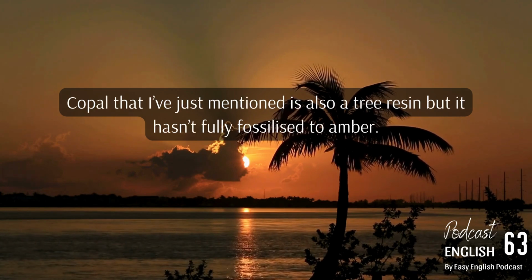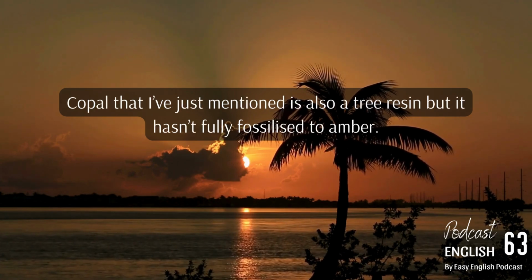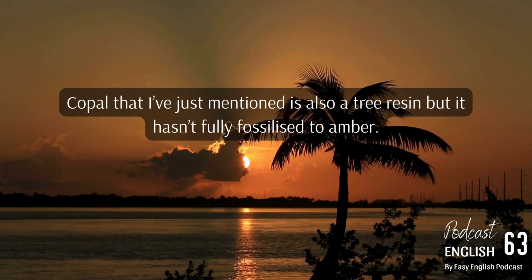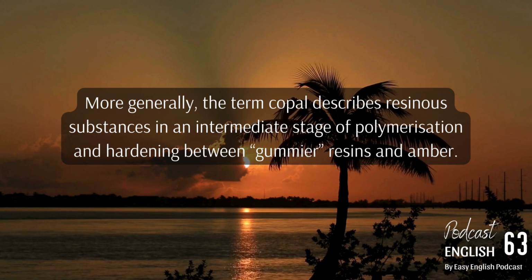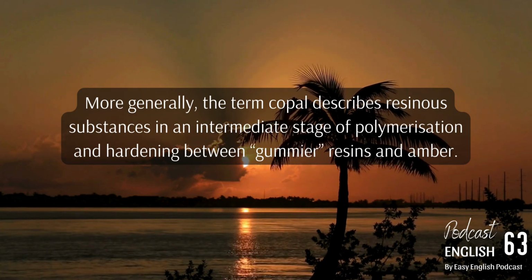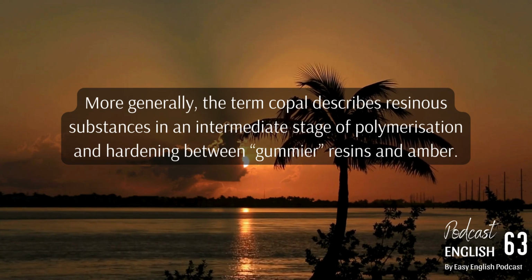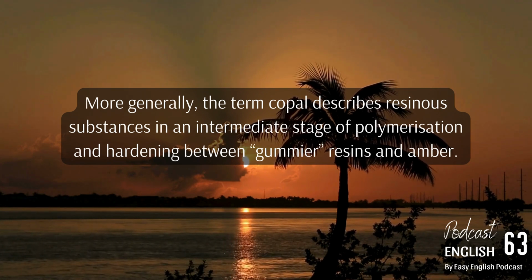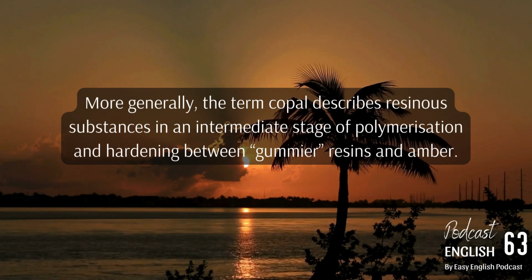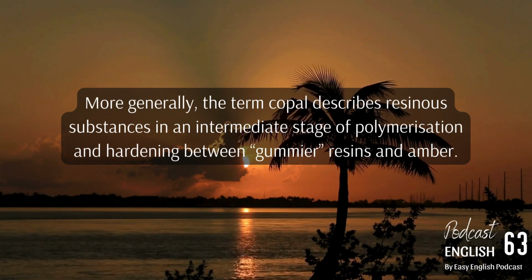Copal, that I've just mentioned, is also a tree resin, but it hasn't fully fossilized to amber. More generally, the term copal describes resinous substances in an intermediate stage of polymerization and hardening between gummier resins and amber.